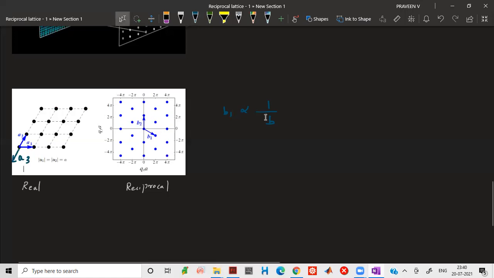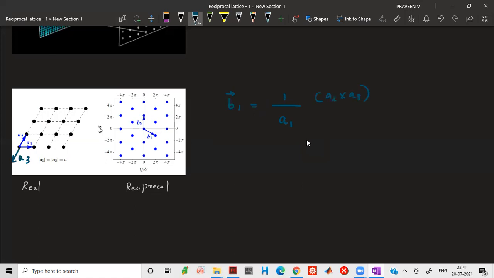Okay. So the takeaway is, if you're considering the B1 vector, its magnitude will be inversely proportional to the magnitude of A1, and it should be perpendicular to A2, and if there is an A3 in the third dimension, perpendicular to A3. So we have to get the direction. So we consider A2 cross A3.